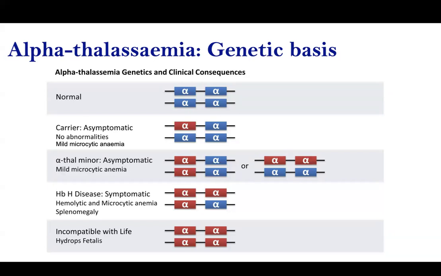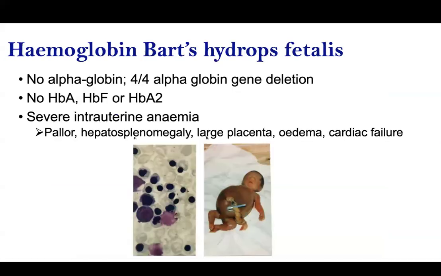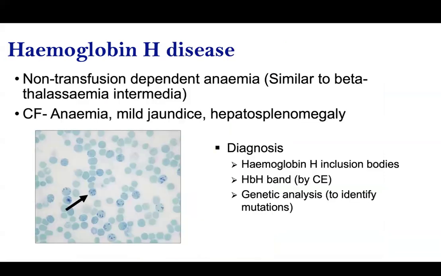If you have 3 mutations of alpha globin genes, that is known as hemoglobin H disease. One or 2 mutations of the alpha globin gene is known as alpha thalassemia trait.